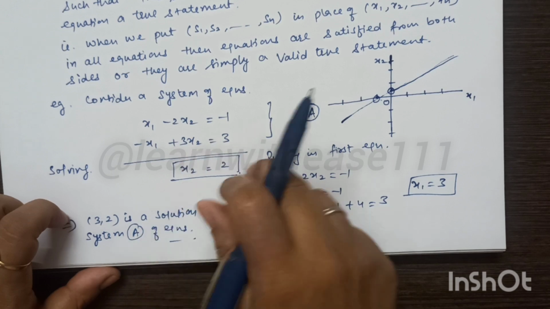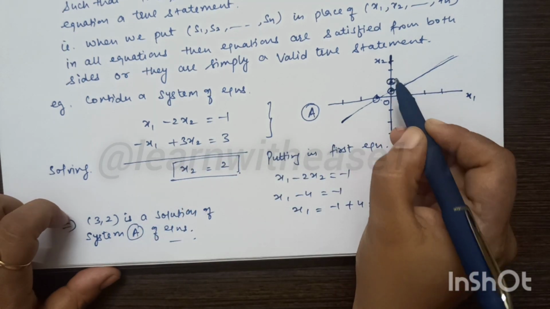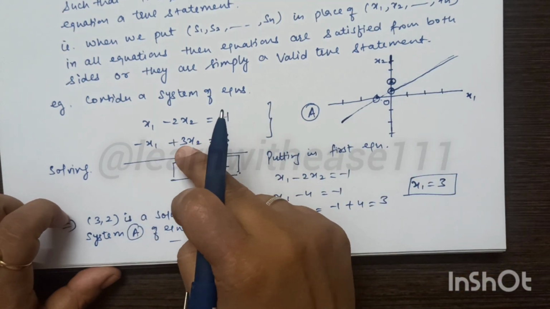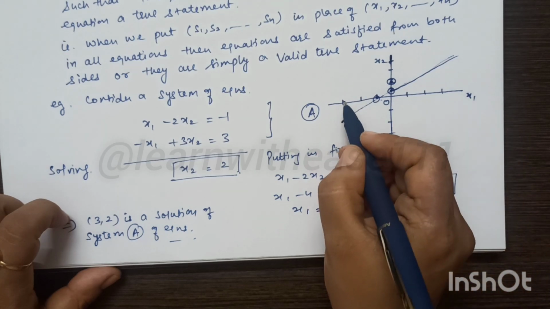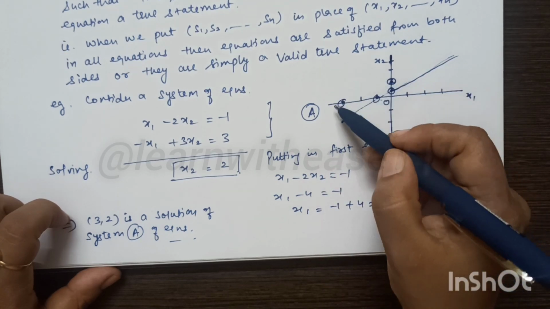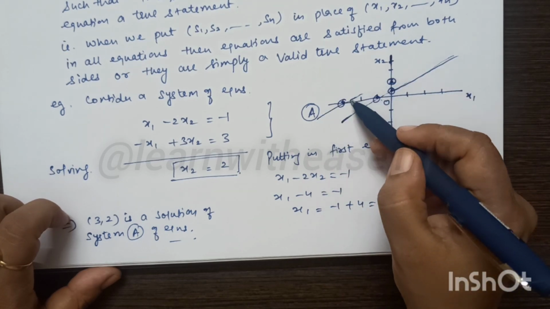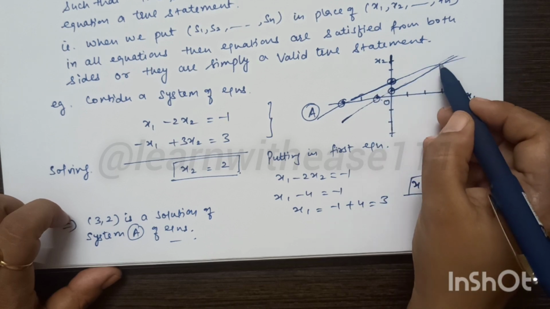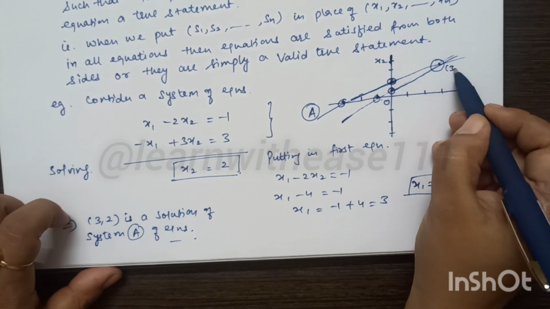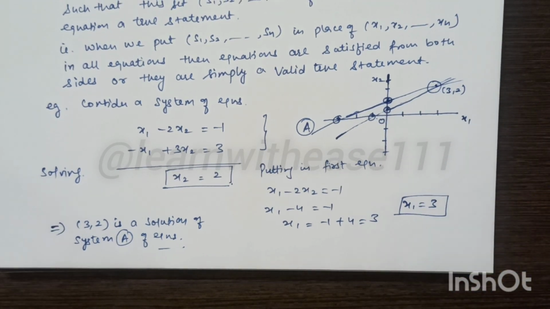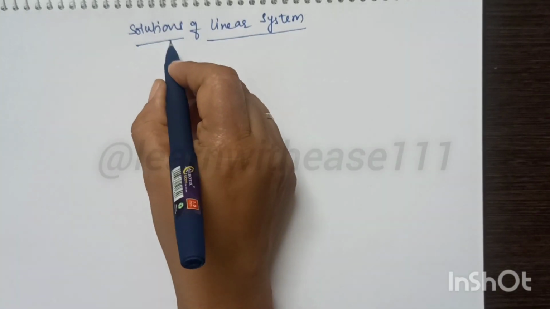For the second line, put x1 equal to 0, x2 will be 1, and when x2 is 0, x1 will be minus 3. So these are the two points. When we draw the second line, it will intersect the previous one at one point. That point is the solution of the system, 3, 2.